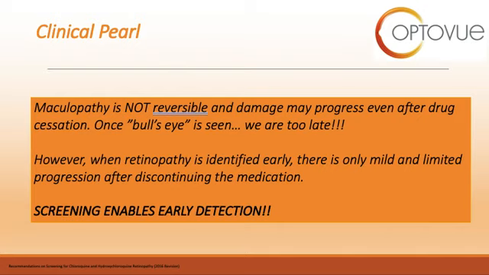So the clinical pearl here is that maculopathy is not reversible, okay? And damage may continue to progress even after the drug is stopped. Once you see the bullseye maculopathy, we are too late.